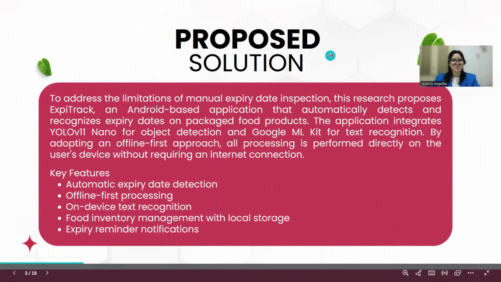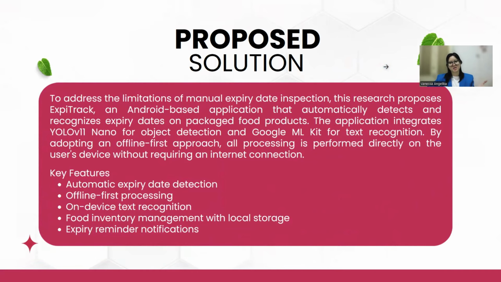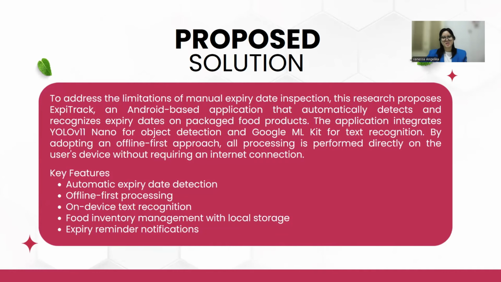To address these challenges, XP-Track was developed as an Android-based application for automatic expiry date detection. This application integrates YOLO version 11 and Google ML Kit. YOLO version 11 Nano is used to detect the expiry date region, and then Google ML Kit is used to recognize the detected text.